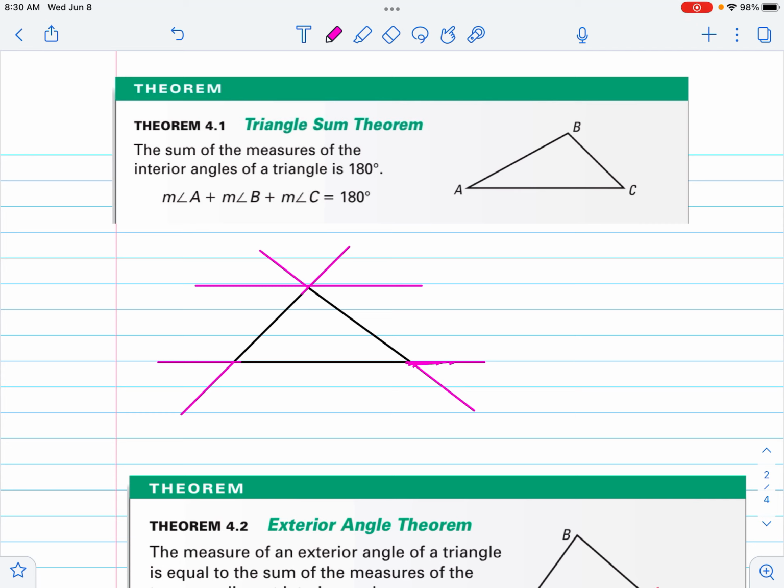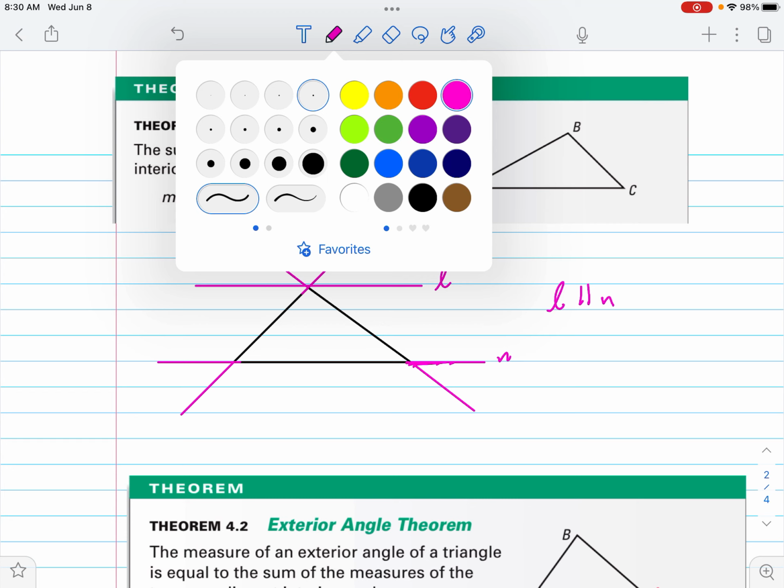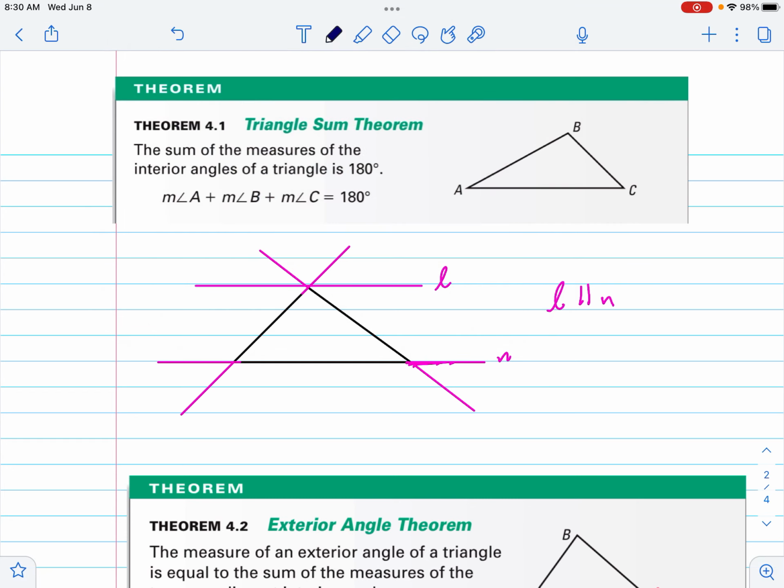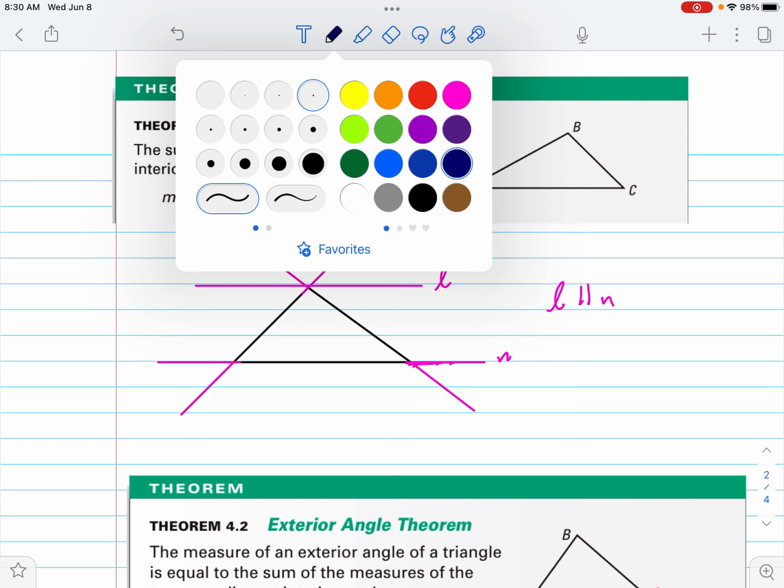In other words, let's call this L, and let's call this line down here N. L is parallel to N. Now I just drew that in there, and you can see I could do that. You can always draw a parallel line. You can construct one. We haven't talked much about constructions, but you could construct a parallel line. Now I'm going to label these angles in here.